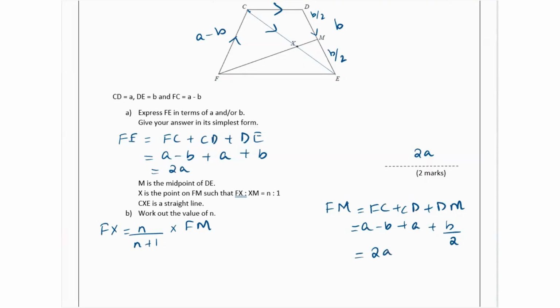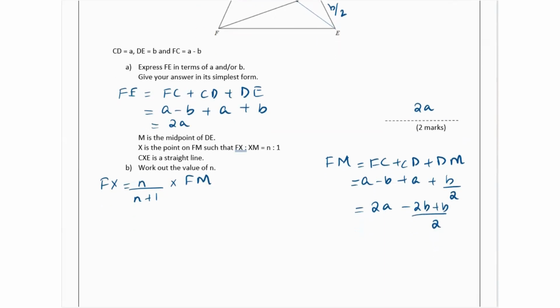So that's 2a minus 2b plus b over 2, which is 2a minus 3b over 2. Let's write this as 2a minus 1.5b. That's FM. So FX is n over n plus 1 times (2a minus 1.5b). That is one equation for FX.